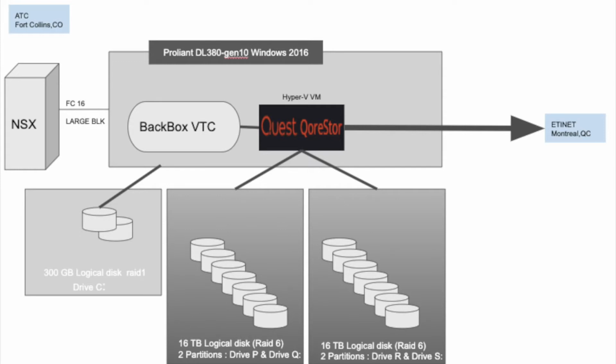The VTC has 32 terabytes of user data storage, and basically all that storage is given to a virtual appliance running inside the BackBox VTC, and that appliance is a CoreStore. That CoreStore virtual NAS appliance is used by the BackBox as storage.